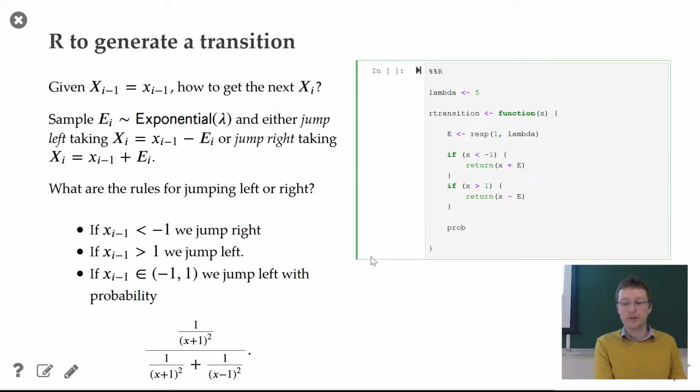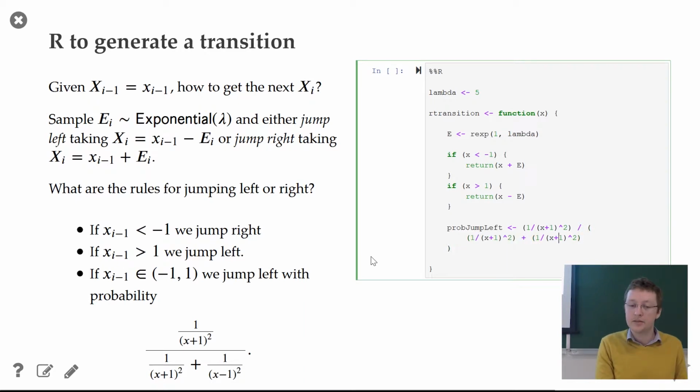Otherwise, there's some probability of jumping either left or right. So the probability of jumping left is 1 plus (x plus 1) squared, divided by the same thing except with the plus and a minus. Does that work in R to have it written like this? We'll soon find out.